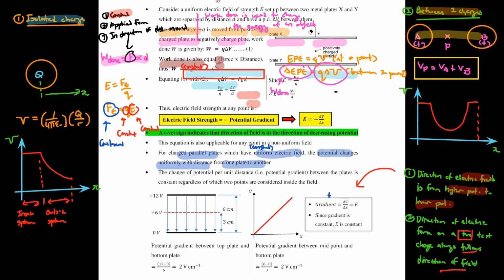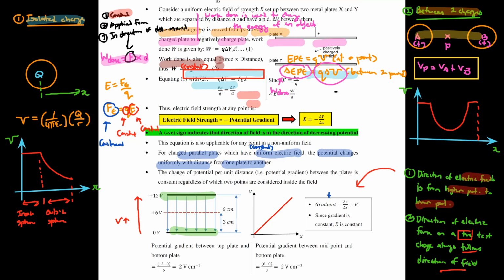So what do we mean by that is that if you look at the charged parallel plate below here, okay, these are your charged parallel plates, your potential would tend to vary between the plates, okay? The variation of potential with distance will be such that your V is increasing from the bottom plate to the top plate. It tends to vary with distance, okay?